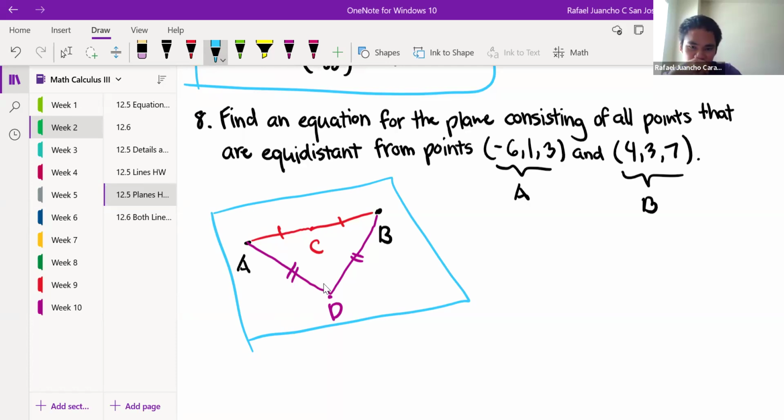oh, that's interesting though. Here's the point. Wait a minute.